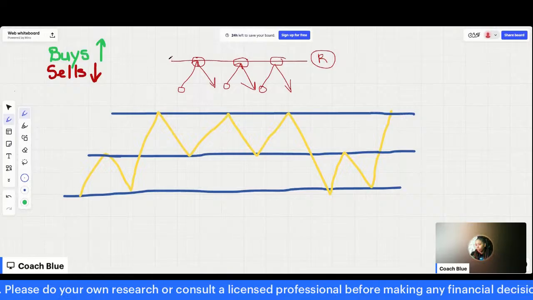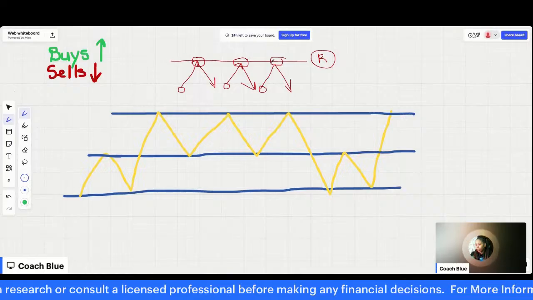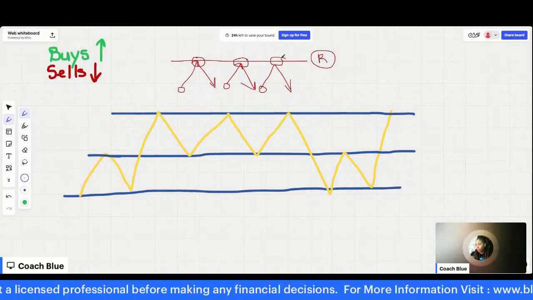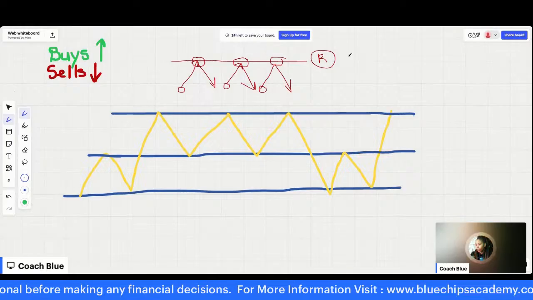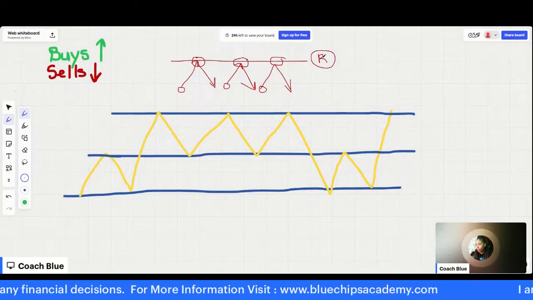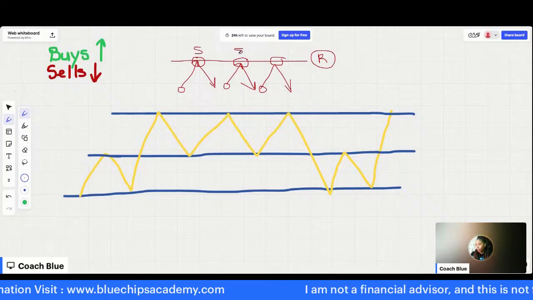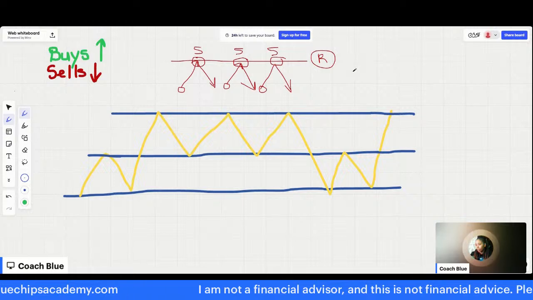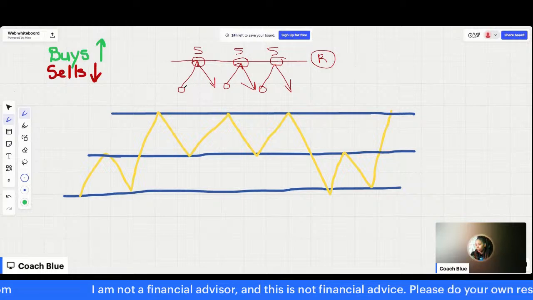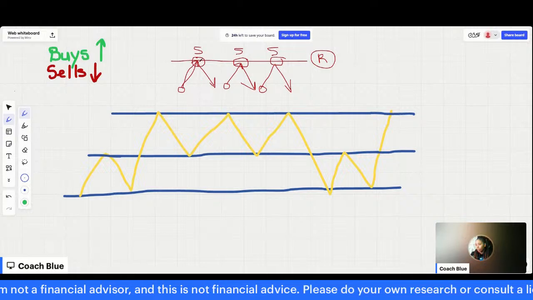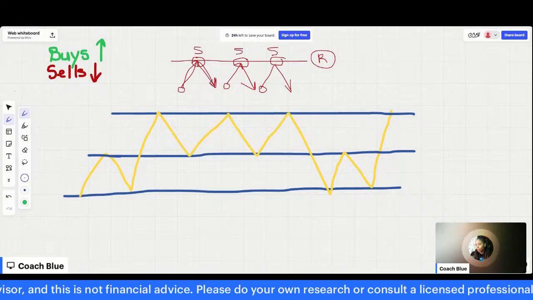Resistance means price is resisting moving past this area. This is considered our ceiling, so resistance equals ceiling. When we see areas of resistance, we look for sales. Price comes up here, it moves down. It showed us one time that it wants to move down at this price level.